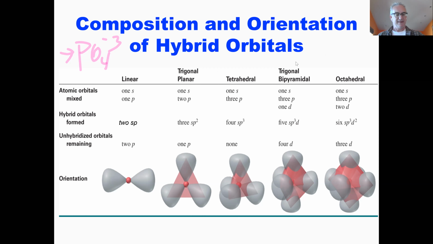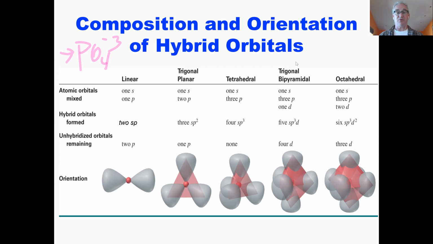PO4, how many phosphorus in the middle? How many regions of electron density around the phosphorus? Right, Ariane, 4.